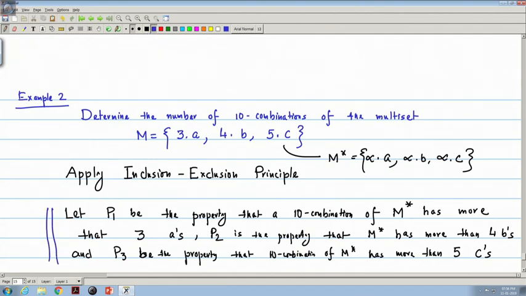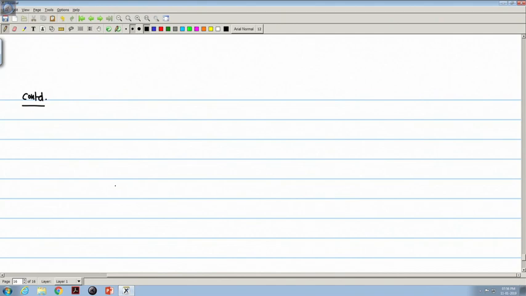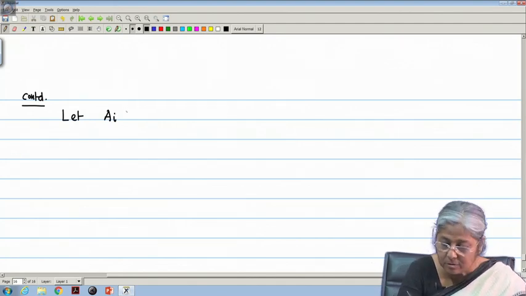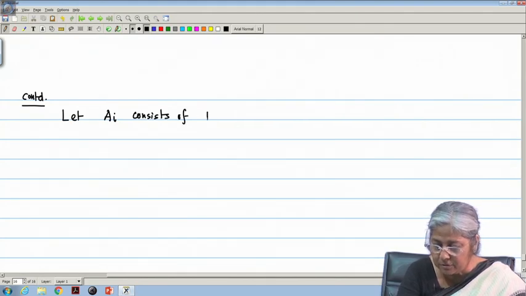If we remember the inclusion-exclusion principle, the way we have defined it, now let A_i consist of these 10 combinations.